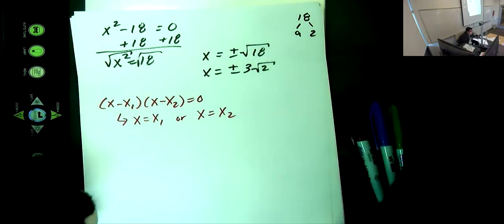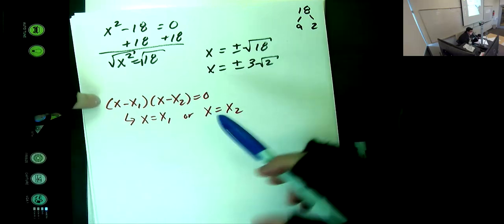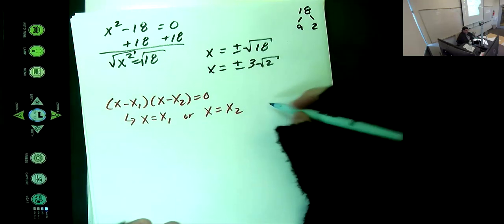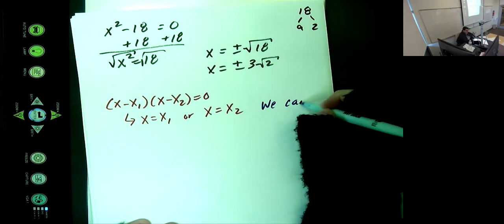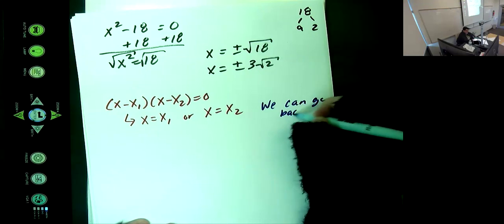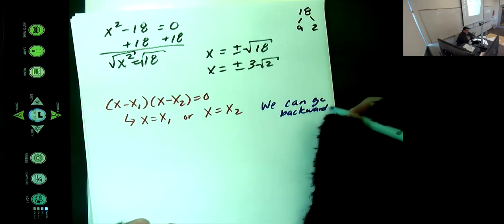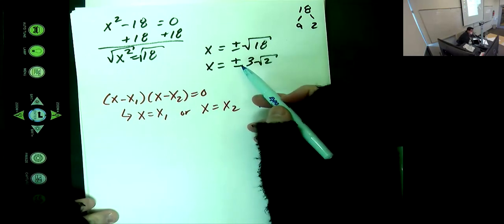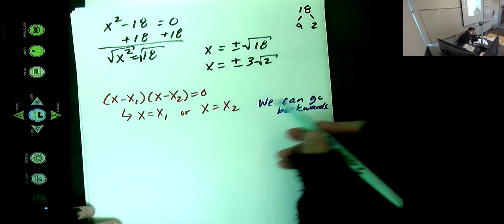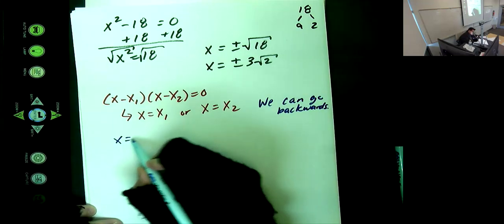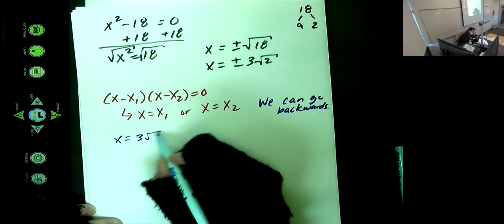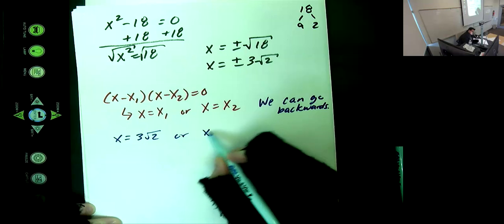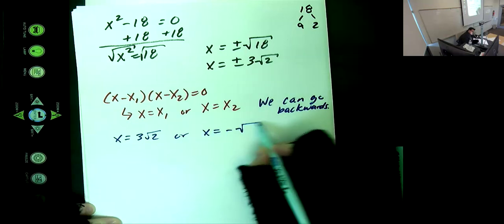And we could go backwards here. So I'll show you with this one, going backwards to get the x squared minus 18. I have x equals 3 square root of 2, or x equals negative 3 square root of 2.